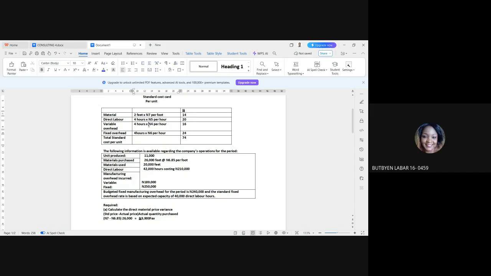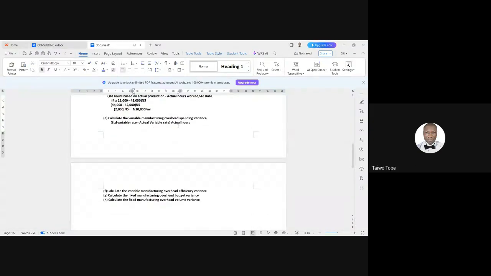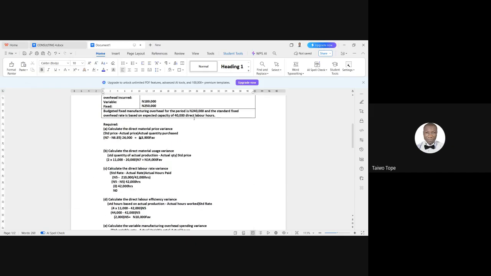Rates now means money. 4 naira. So you have your standard variable rate to be 4 naira. Now the actual variable rate is what?